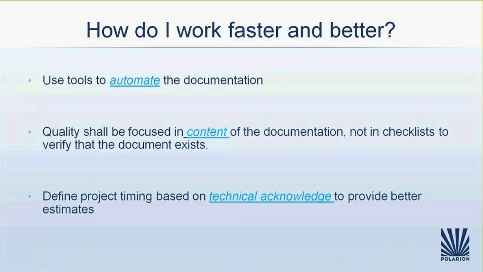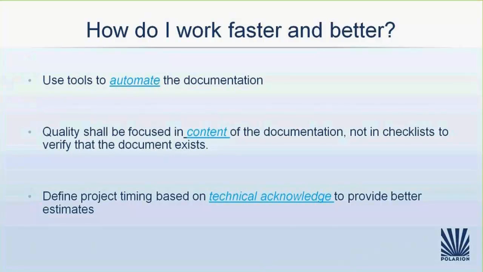I think this is the last slide. You will see the template, so you will see how and why. And then also quality assurance should be focused on the content of documentation, not on checklists to verify the document exists. This is extremely important because as an engineer, you think that it's your baby, right? You think that it's perfect.